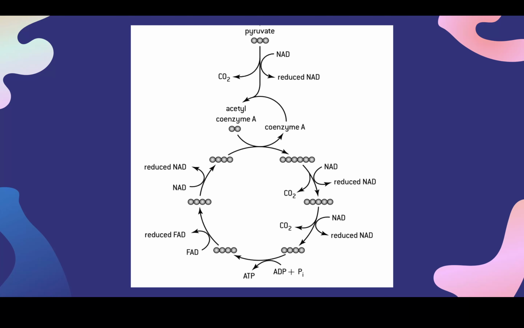It's just that pyruvate to acetyl coenzyme A is the first. This circle is technically part of Krebs cycle as well. The only part that's the link reaction is from pyruvate to acetyl coenzyme A. After that, everything is still Krebs cycle.